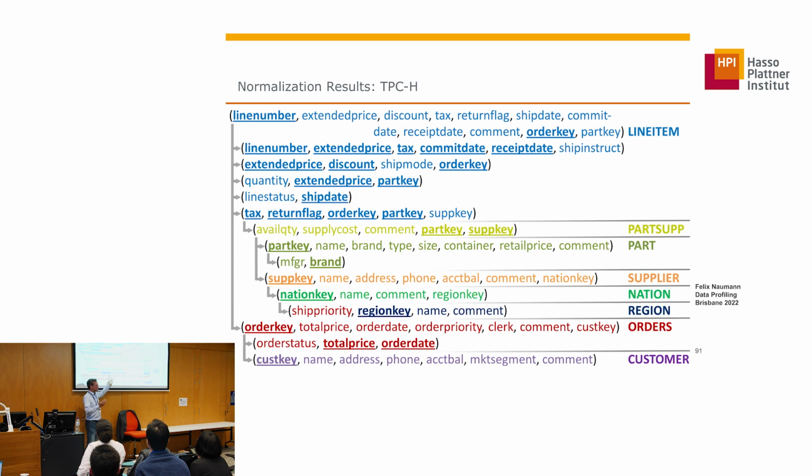So all, I'm going to say, African customers have 1-day delivery, all European customers have next week delivery, et cetera. So it's built into the data generation, so it's actually a flaw, if you will, of the benchmark, and in a sense we uncovered it here and did the right thing, saying, well, if shipping priority depends on the region key, then that's where it should go, into the region table.